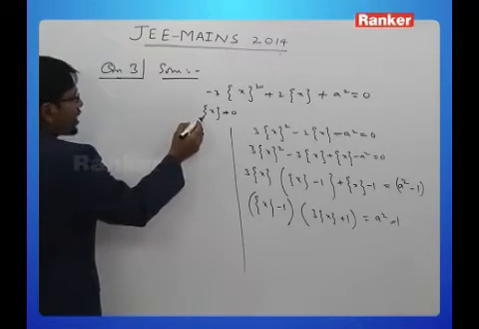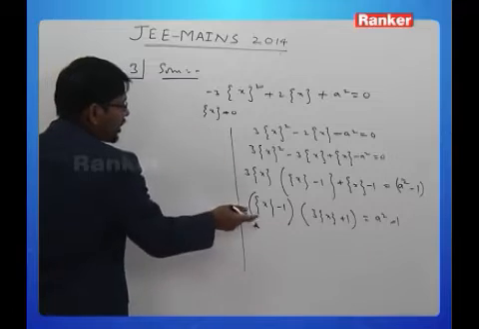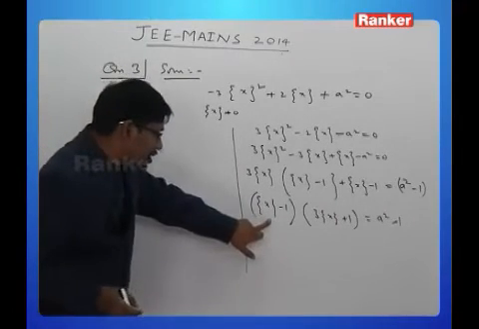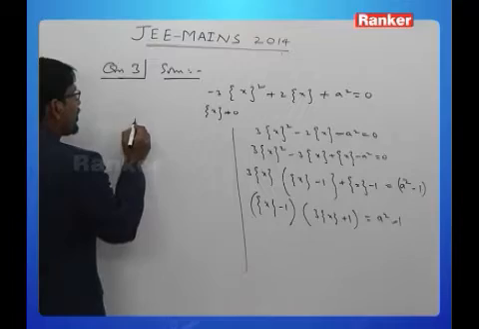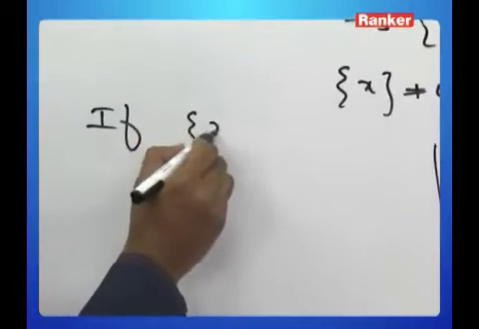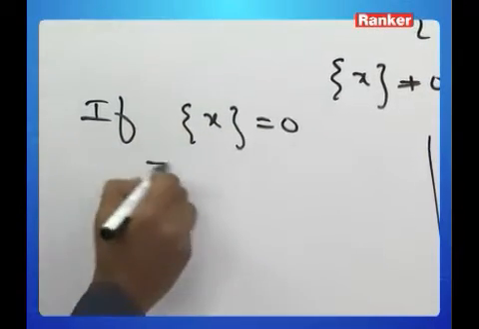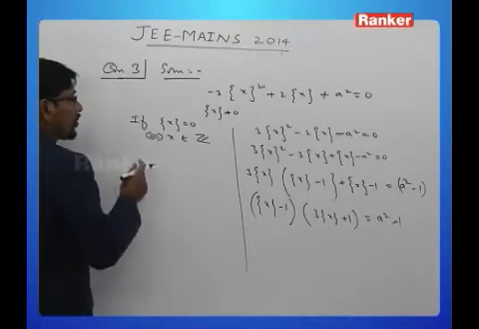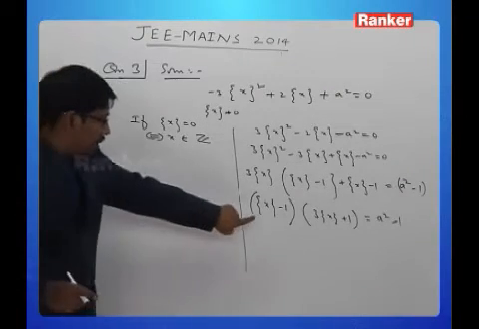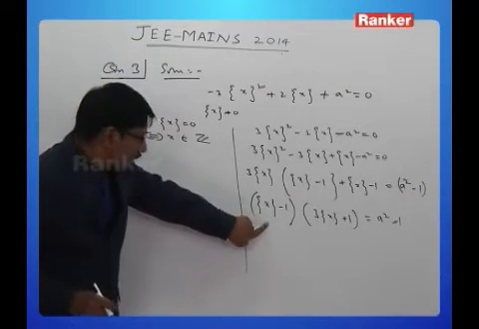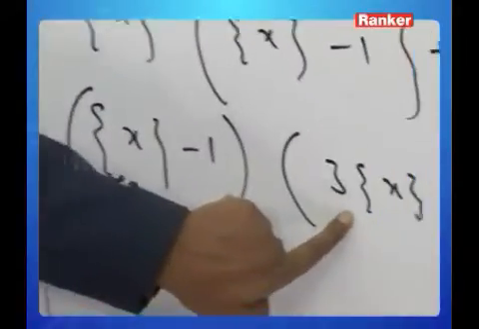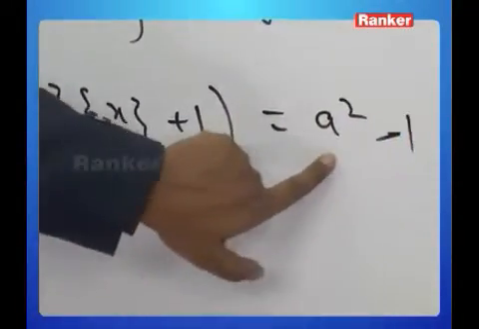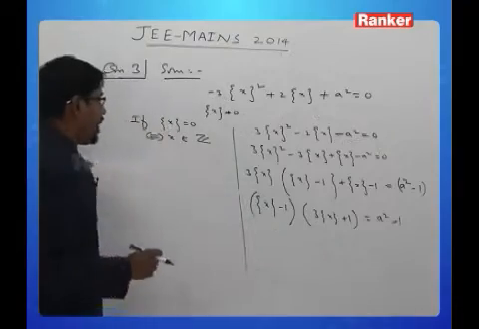Now this fraction part of x should not be 0. When is it 0? Let's see. If fraction part of x is 0, this happens if and only if x is an integer. So if fraction part of x is 0, this will become minus 1 and this will become 1, which means that the entire thing, a square minus 1, will become minus 1.